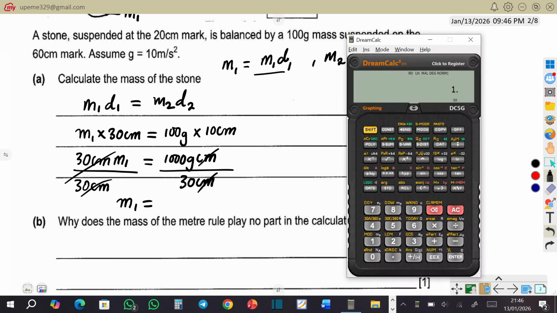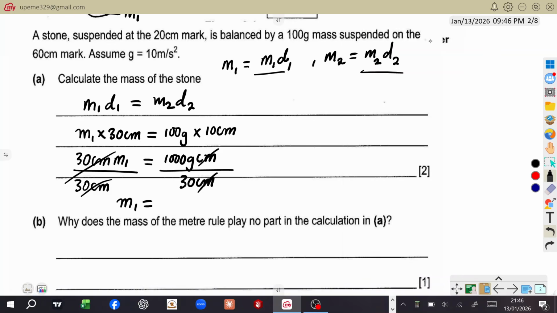So say 1000 divided by 30, we will be getting 33.333, but to get the answer to 1 decimal point, say 33.3, then there's gram here, so that will be the mass. So say therefore mass of the stone is 33.3 grams.